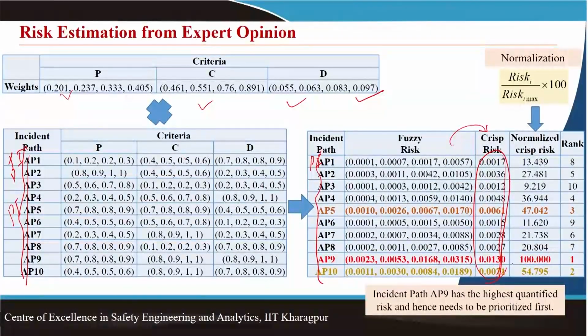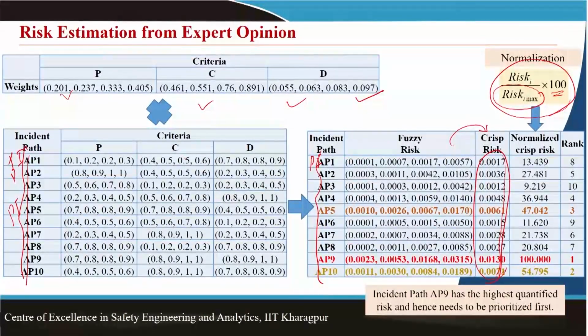Now what you will do, you just normalize it. You normalize using this, and I have multiplied by 100 because this will give you a clear-cut differentiation, otherwise if you take a 0 to 1 scale, you find a low difference. From the human perception point of view, it is better to multiply by 100. Then you see what we have done. We have simply taken the maximum one in the denominator.